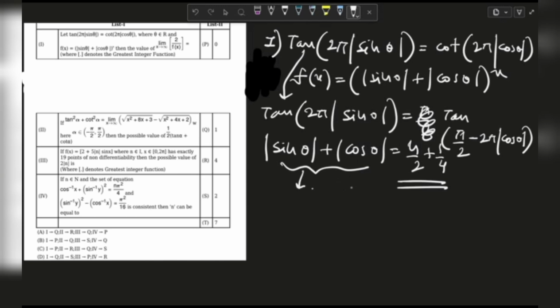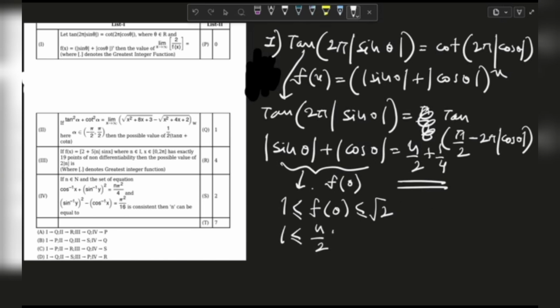So if we take this thing to be f of theta, this thing will become 1 less than equal to f of theta less than equal to root 2. Root 2 when both are pi by 4, and 1 when anyone is pi by 2, and 1 for basically both pi by 2. Yeah. So now we can put this thing in place of f of theta.